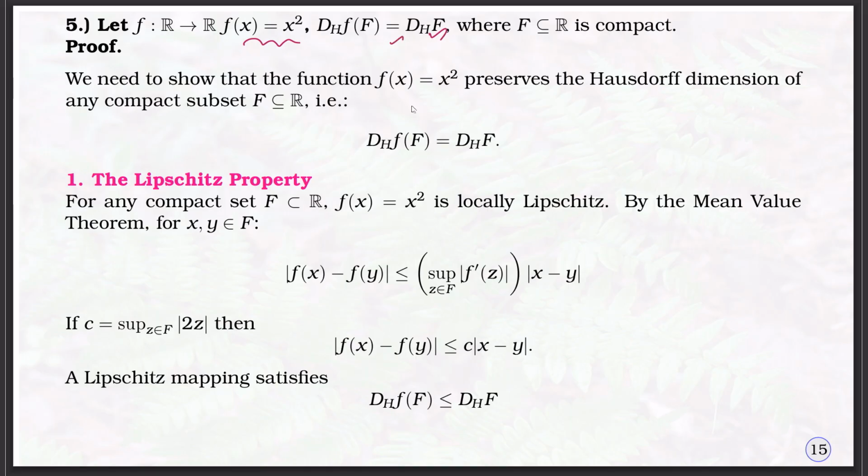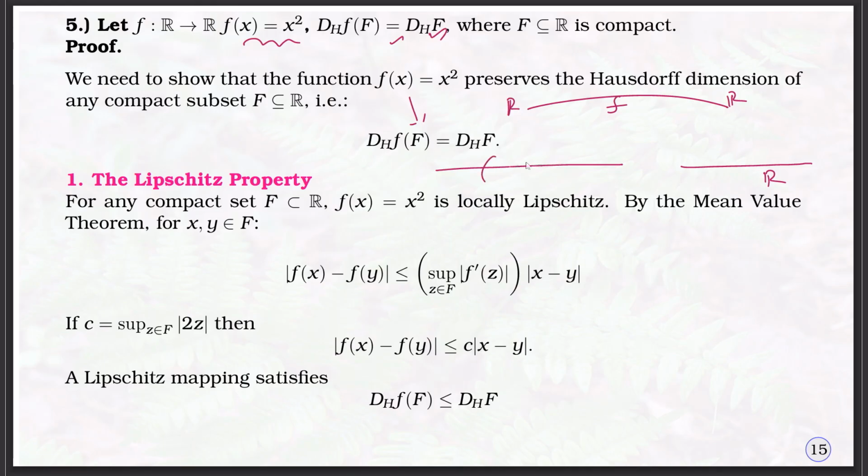That means this result states that x square preserves the Hausdorff dimension of any compact set E. That means if we have the real numbers here, we can consider one real set here and another set here, then f is mapping from here to here.